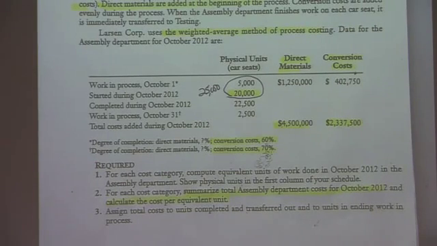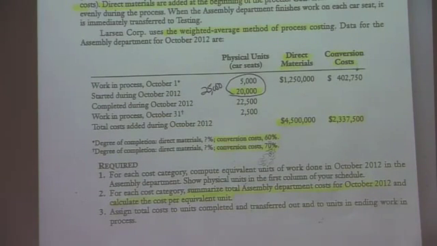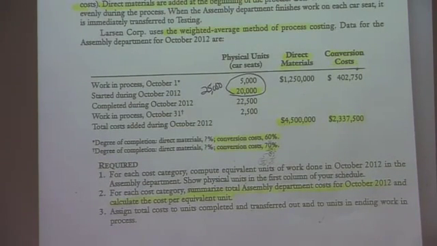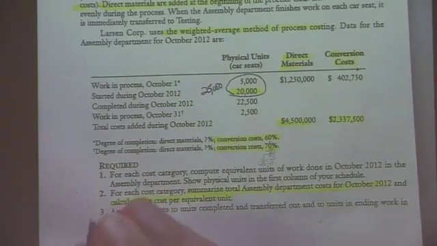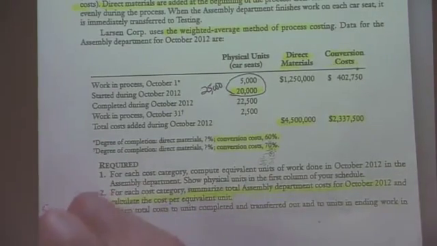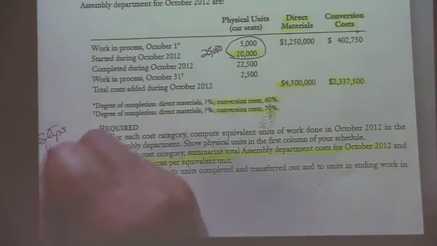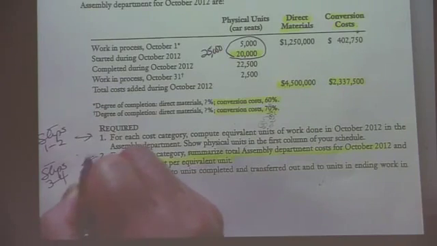So in part 2 they're essentially asking us to perform steps 3 and 4 of the 5-step process. And then, in the third part, they want us to determine the total cost of units completed and transferred out and the units in ending inventory. So this is essentially step 5 of the 5-step process. Just wanted you guys to think about that.